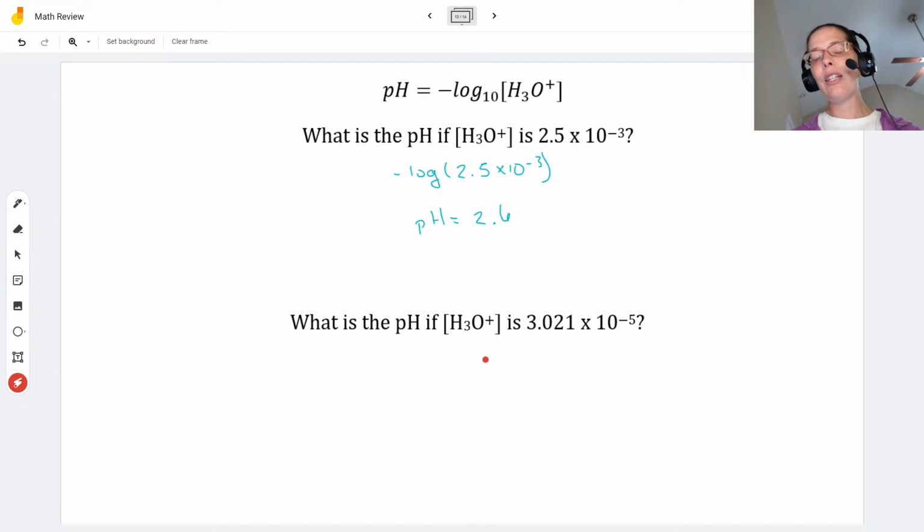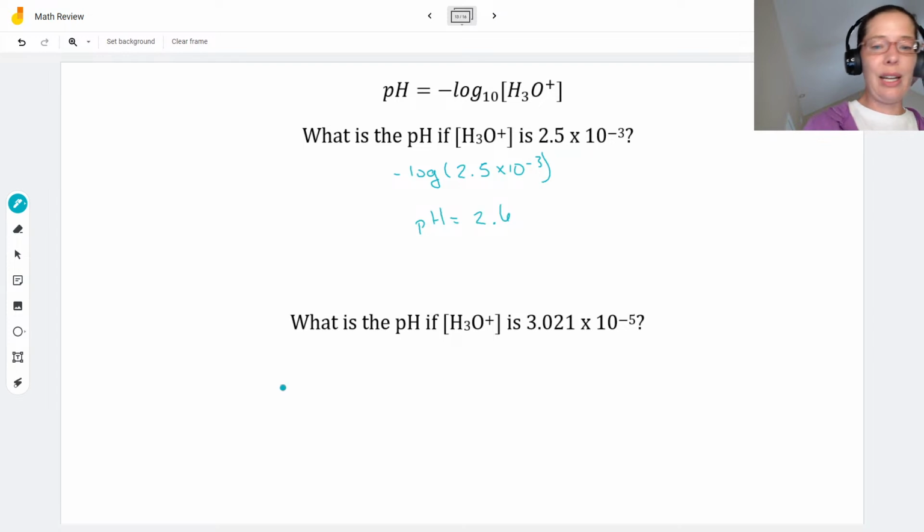This makes sense. So if you get a pH that, say, is negative, or like 13 from this concentration, hopefully you have red flags that start waving to say, no, wait, this doesn't make sense. If I have an exponent of negative 3, then my pH should be somewhere around 3, maybe a little under, maybe a little over, but somewhere around 3.